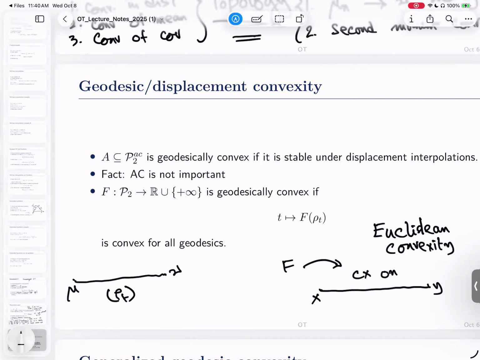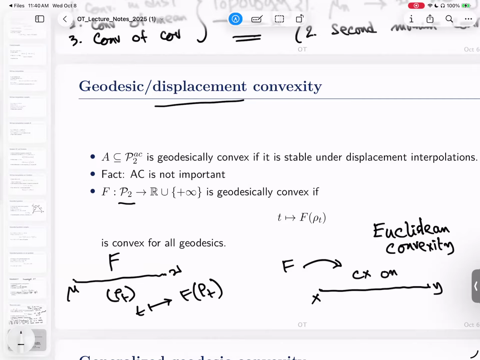If I have a function f from all probability measures to the real line including plus infinity, I say that this is geodesically convex if this function restricted to all of these geodesics is a convex function of the one-dimensional parameter. So f of rho t is convex. Sometimes it's also called displacement convex. Sometimes it's called geodesically convex. They are the same thing.